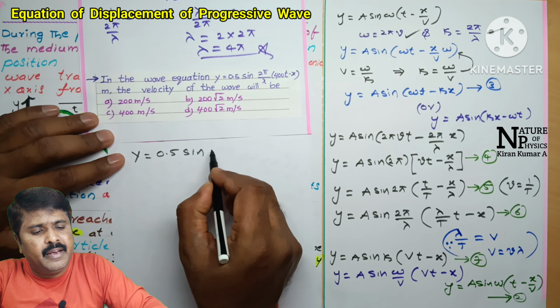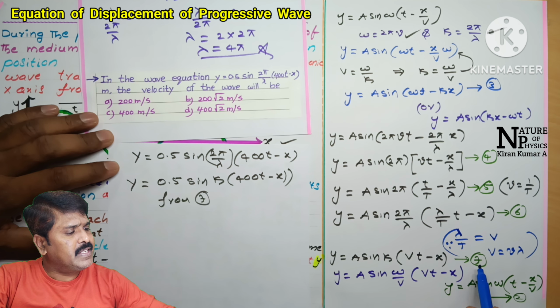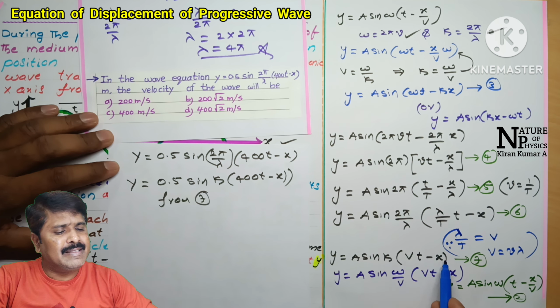See student, according to these different equations, y is equal to 0.5 sine 2 pi by lambda represents what, student? K, that is representing k. Yes, this is equation number 7, k into, tell me student, 400 into t minus x. From equation number 7, y is equal to a sine k into vt minus x.